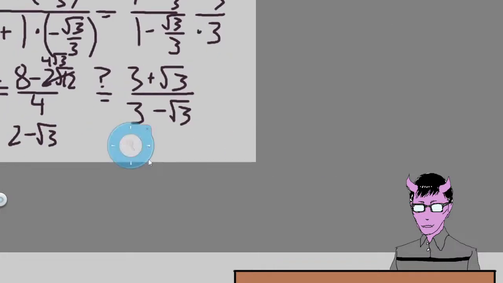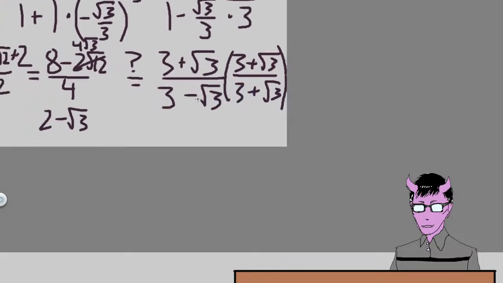Is it equal? Well, conjugate. Conjugate. I'll try to speed run this one as well and be accurate. So we have a 9 minus a 3, and then top is going to be 9 plus 6 root 3 plus 3.